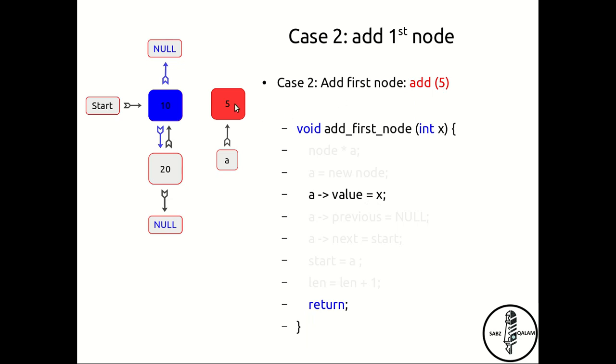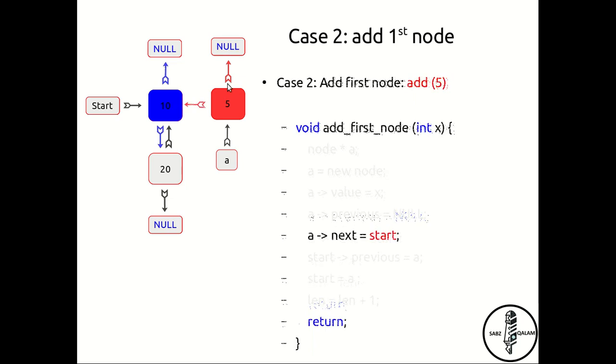And then what you need to really do is that A's previous is pointing to null, and A's next will now point to this node. In other words, it's going to point to start. So A's previous is pointing to null and A's next is pointing to start.